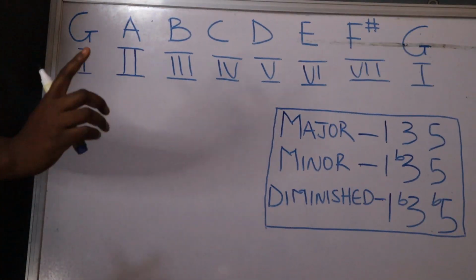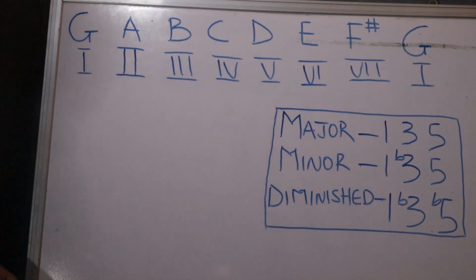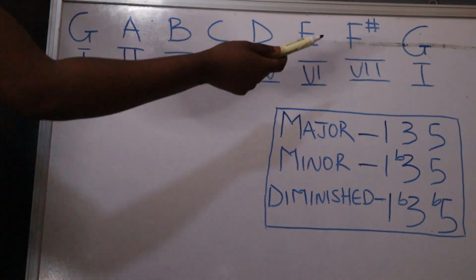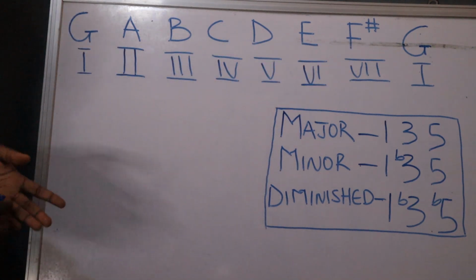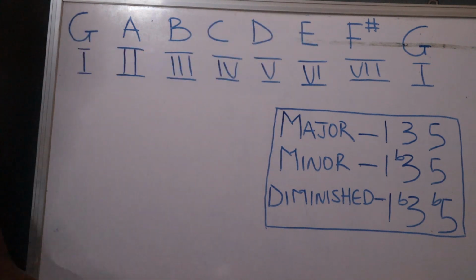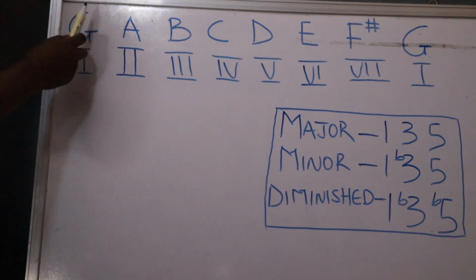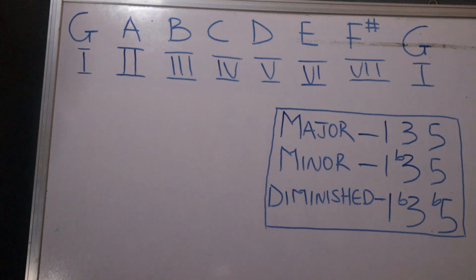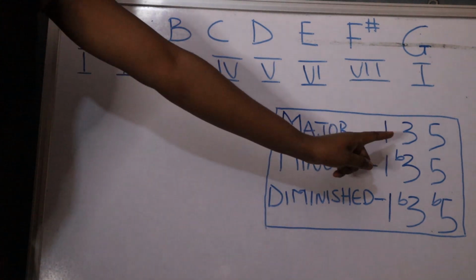The first thing we want to do is figure out the key that we're playing in, and it's the key of G major. These are the notes in the key of G major, because we're taking G as the root note right now, since it starts from here. So the first thing we want to do is create a triad from the G major scale, and we know that's 1 3 5.